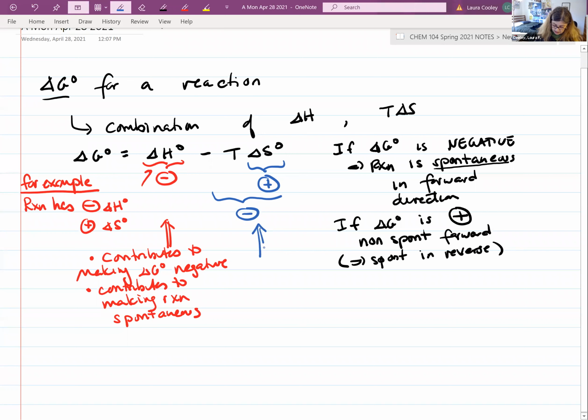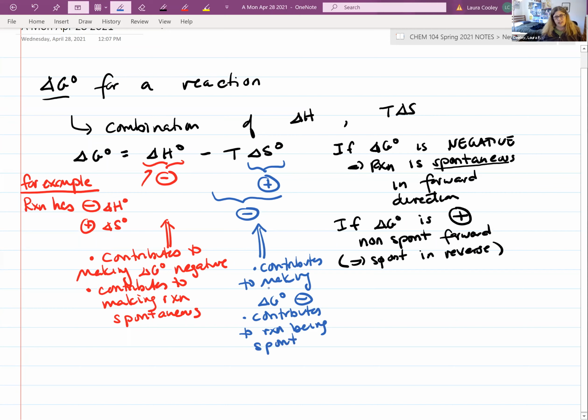And this means that the positive delta S also contributes to making the delta G0 negative. It contributes to the spontaneity. It contributes to the reaction being spontaneous. If one of these had a different sign, then it would contribute to the reaction being non-spontaneous.